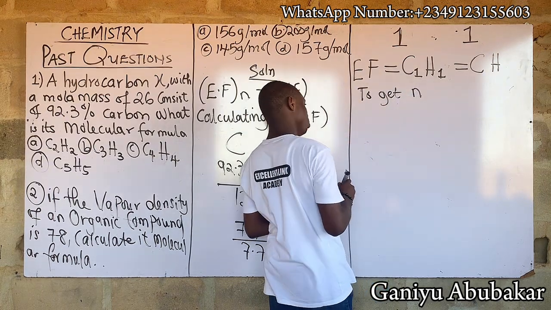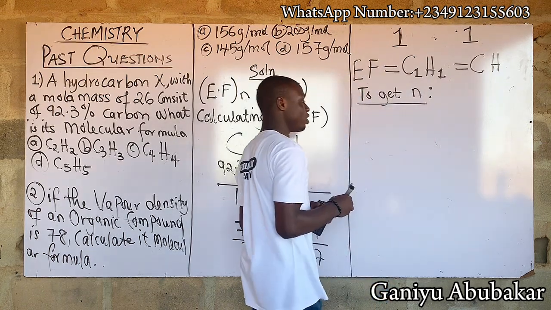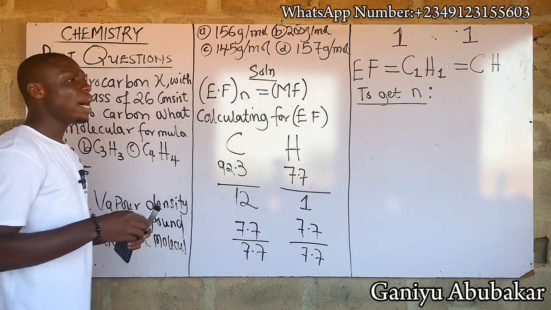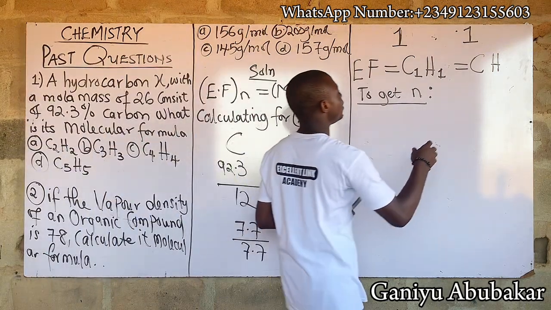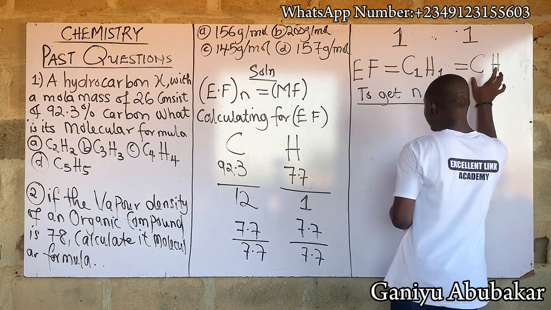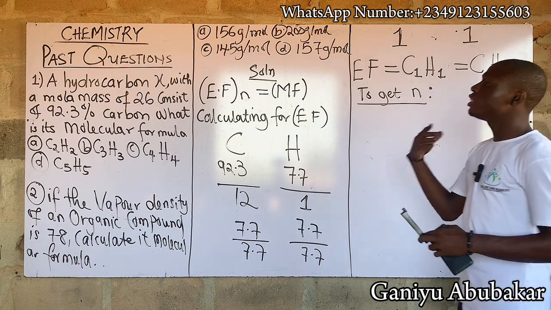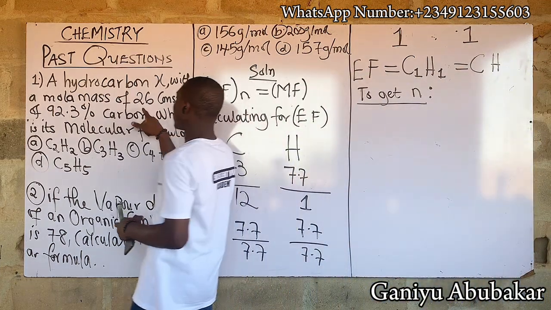Now, the task is simple. We said for you to get n, what's the condition? The task now is that I will find the relative molecular mass of this compound, multiply by n and equate it to the given relative molecular mass.